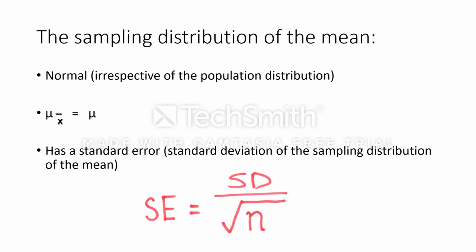And there's a special formula that we use for calculating the spread of the sampling distribution of the mean. And that's what we refer to as the standard error. And you can see here that the standard error is equal to the standard deviation divided by the square root of n.